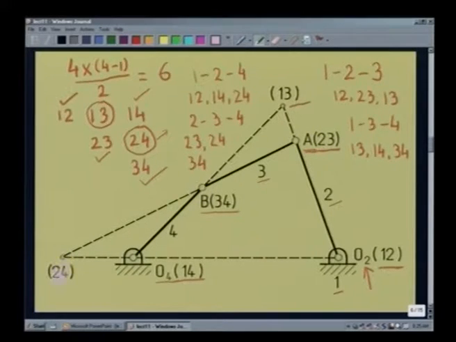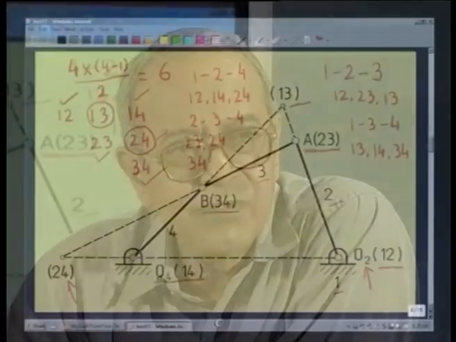So, we determine some of the relative instantaneous centers just by inspection of the kinematic pairs and the rest by application of Aronhold-Kennedy theorem.